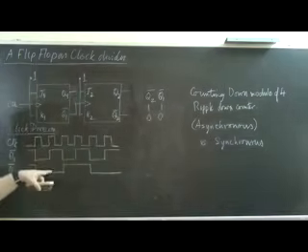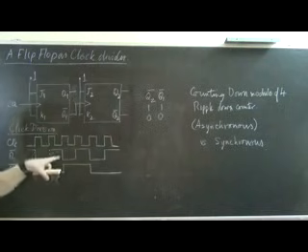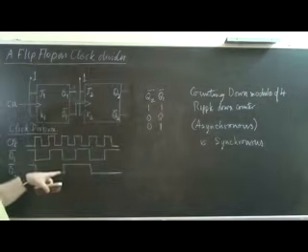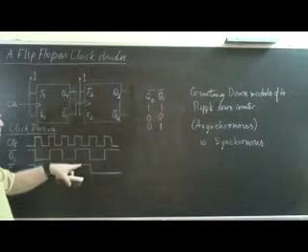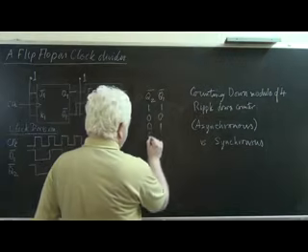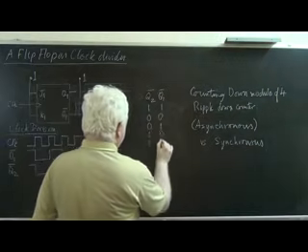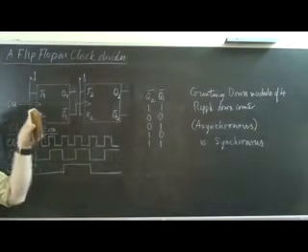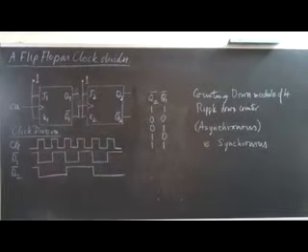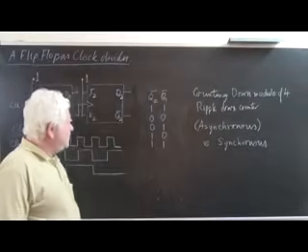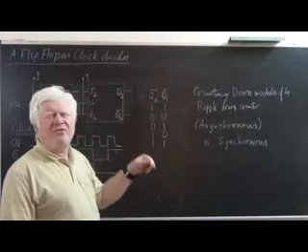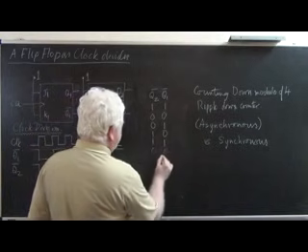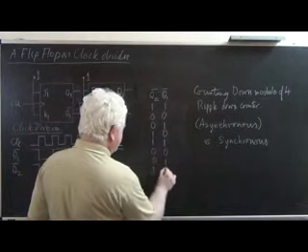Then you have 0 and 1. Then you have 1, 0 followed by 1, 1. After this, there is a repeating that begins. After these 4 states, the same sequence starts repeating itself once again, and you get 0, 0, 0, 1, 1, 0, and so on.